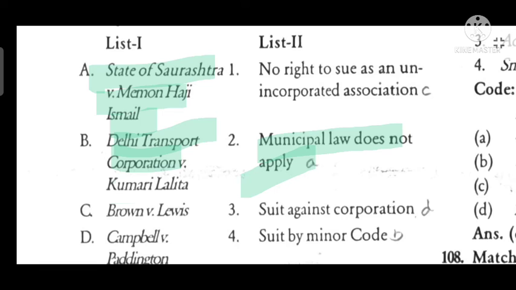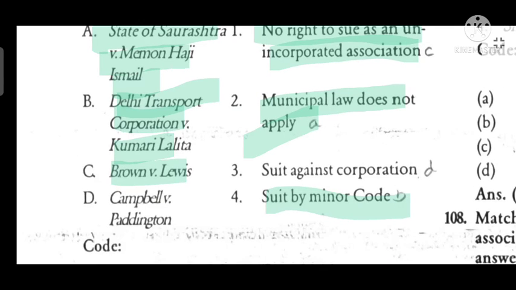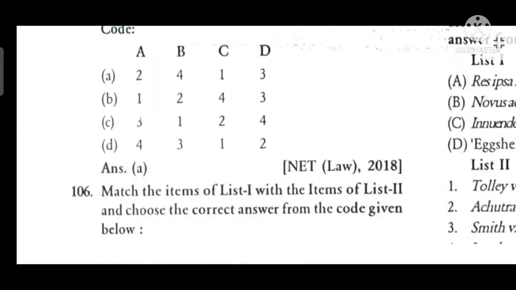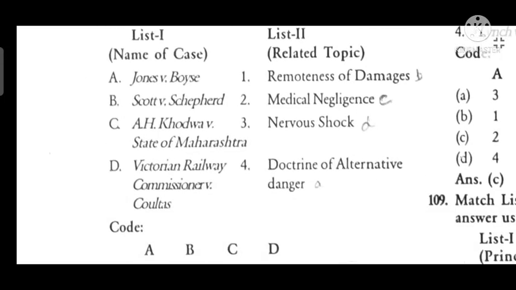Delhi Transport Corporation versus Kumari Lalita. Suit by and against. Browne versus Lewis. No right to sue as an unincorporated association. Campbell versus Pigeon. Suit against corporation. Jones versus Bosch. Doctrine of alternative danger. Scott versus Shepherd.